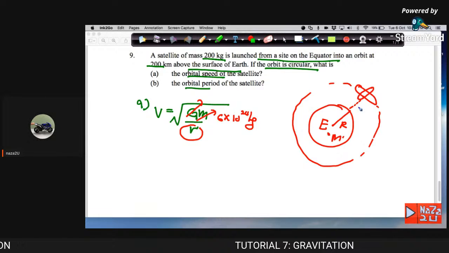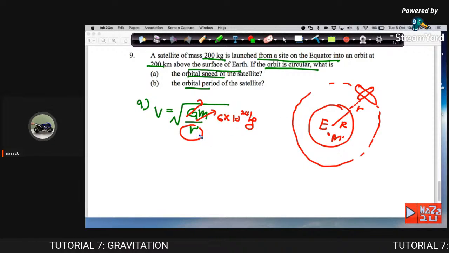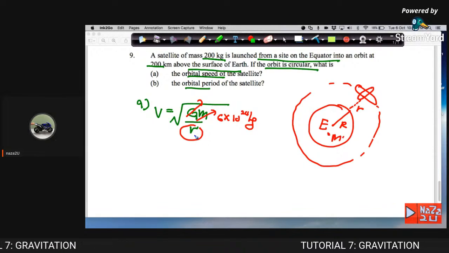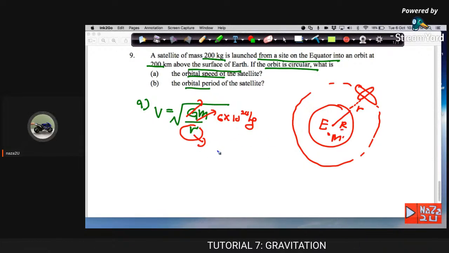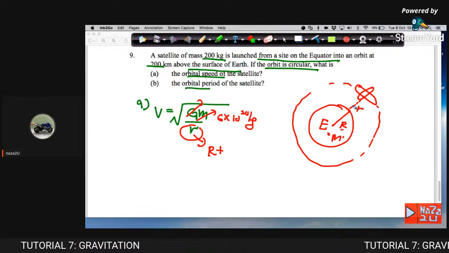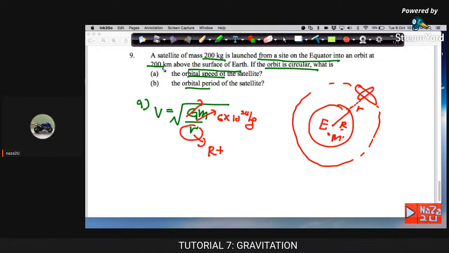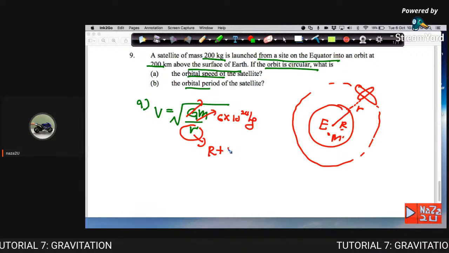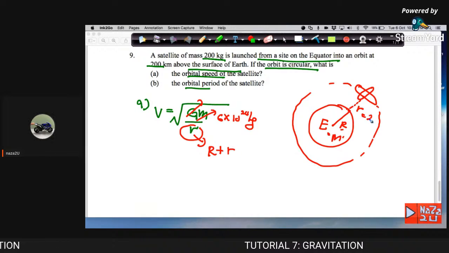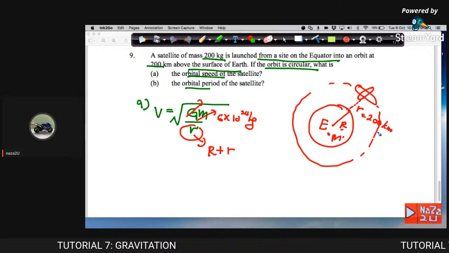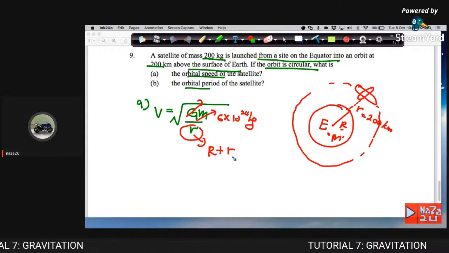This is the distance, let's say I make it a small r. So now the R here is the radius of the Earth plus the distance from the Earth's surface to the satellite. Here we have 200 kilometer. So make sure you convert to meter in the equation here.